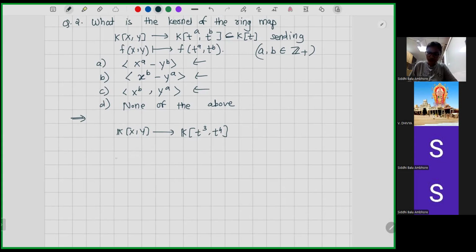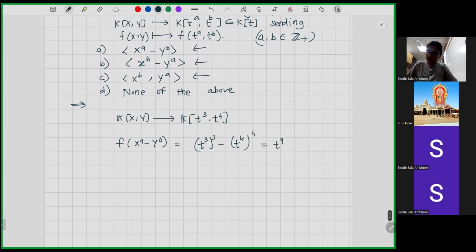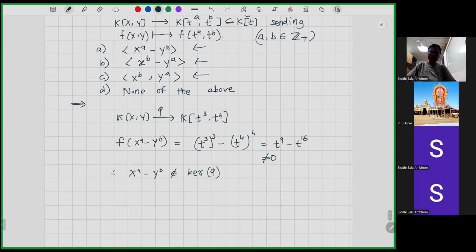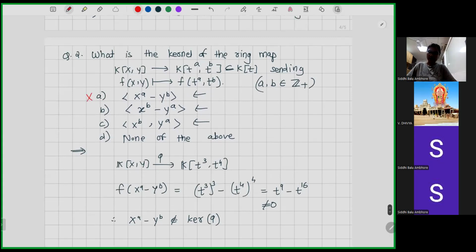That t cubed. So if I take f of x^a minus y^b, this is t^3 to the power 3 minus t^4 to the power 4, which is t^9 minus t^16, and this is definitely not 0. Therefore x^a minus y^b doesn't belong to the kernel of this map. Let us call this map phi. So the first one is definitely not an answer.